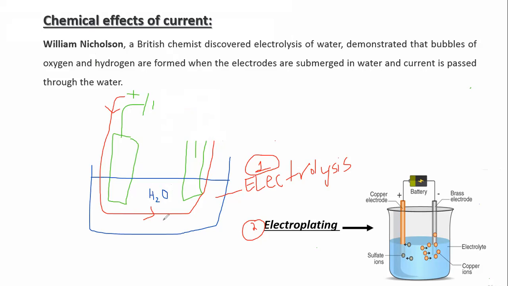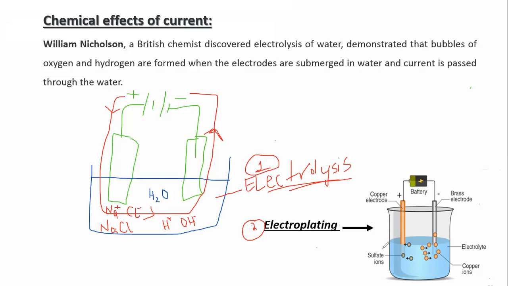It breaks into H positive and OH negative ions. For example, in a solution of NaCl, the breakdown of NaCl into Na positive and Cl negative ions will be termed as your electrolysis process.